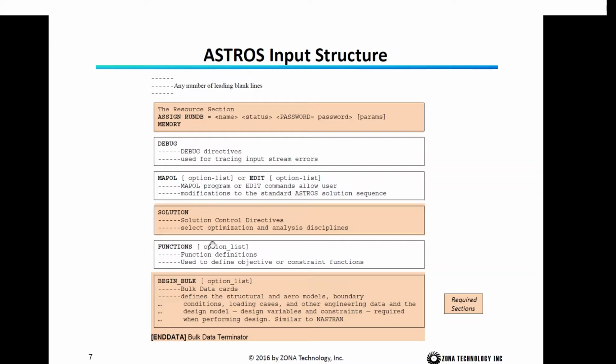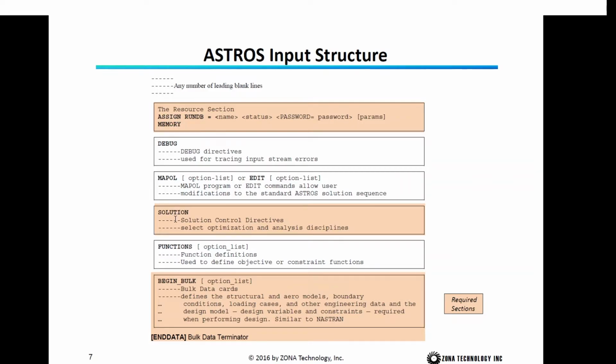And there are three sections required by ASTROS. The first we call the resources section, and you have to use assign runDB equal to give a name of the database, and you may specify the memory.